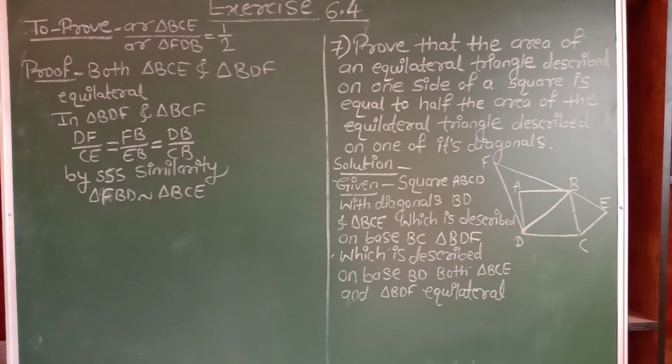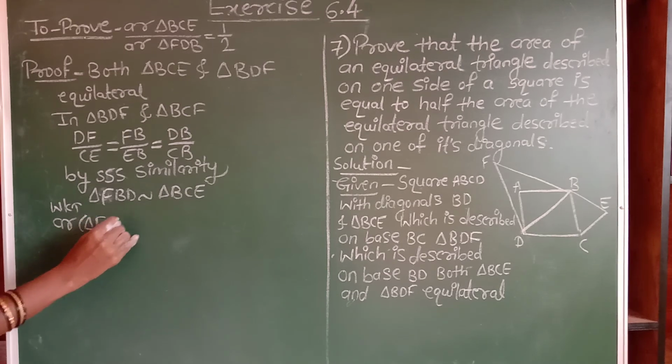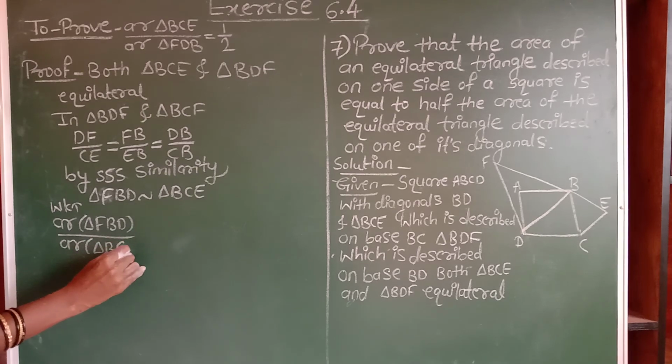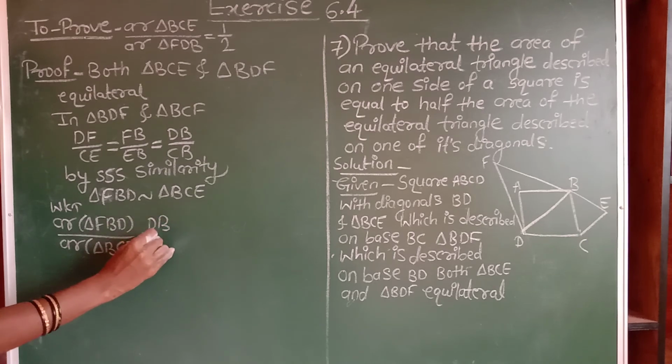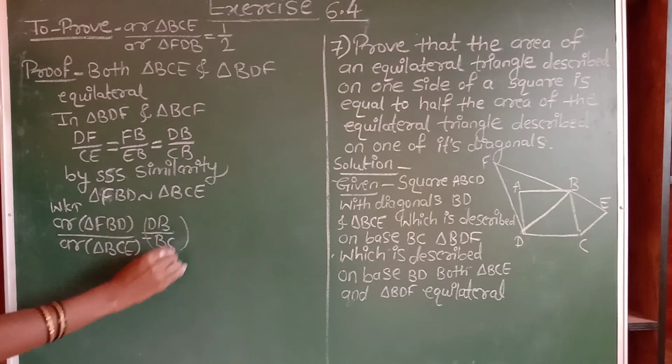We know that in similar triangles, the ratio of areas of triangles is equal to the ratio of squares of corresponding sides. So we can write here area of triangle FBD divided by area of triangle BCE is equal to (DB by BC) whole square.